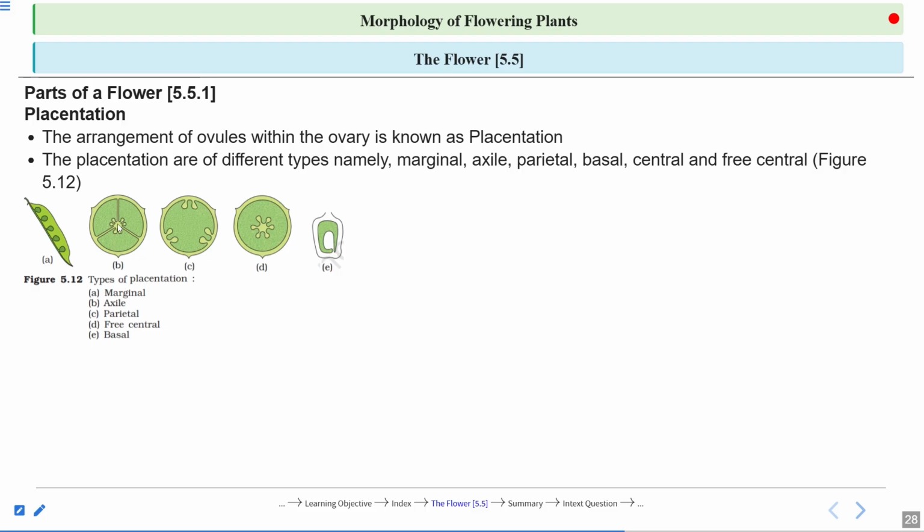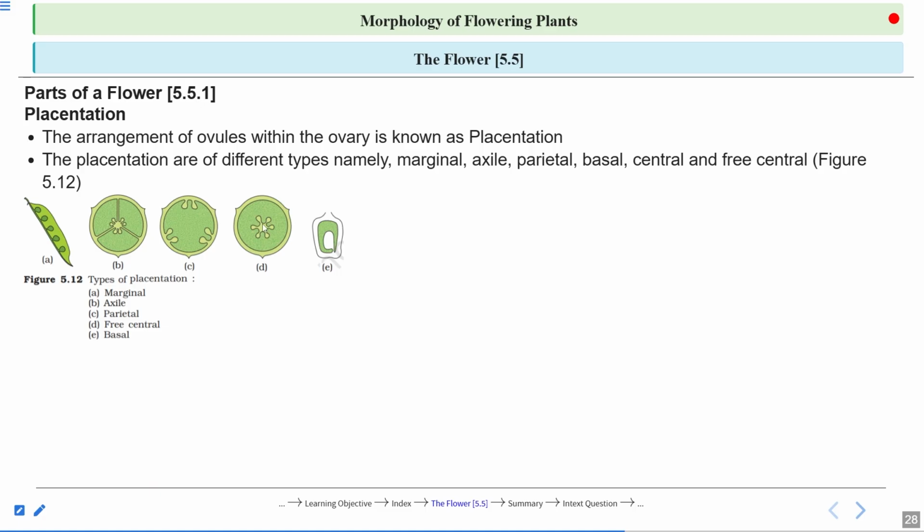Axial: this is the ovary and this is the axis. All the ovules are attached to the axis and you can see the locules. So this is called axial placentation, in which there is one common axis and all the ovules are attached to that axis. Parietal placentation: ovules are attached to the walls of the ovary. See, they are attached to the walls of the ovary. So that is parietal placentation.